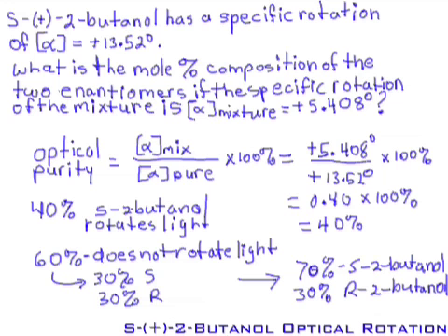Okay, now the next question you had to do for homework was an interesting problem that required you to show how you could establish that S2-butanol, the S plus 2-butanol, really had an optical rotation to the right.